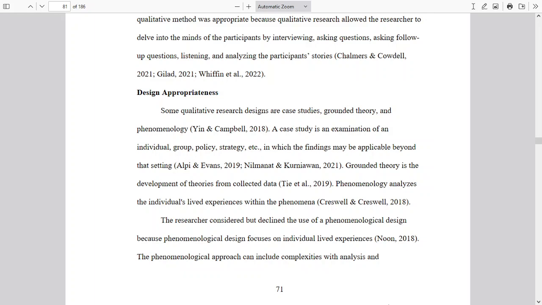Now, design appropriateness entails basically why I picked an E-Delphi study. There's not enough evidence to do either of the other two here, the phenomenology or a case study, and it's not a new study, so I'm not going to do a grounded theory either.